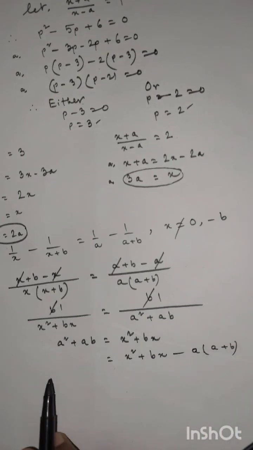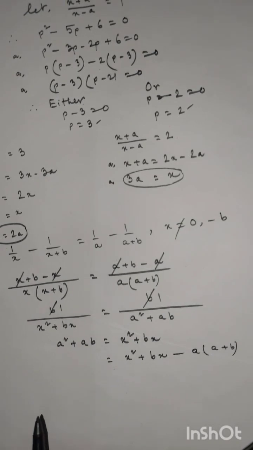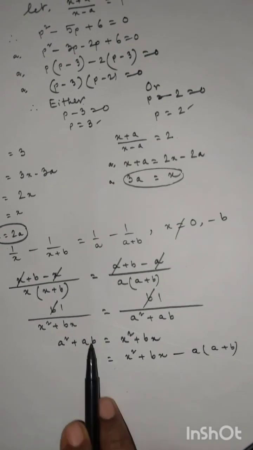We are just taking a common and transferring this quantity to the right side.